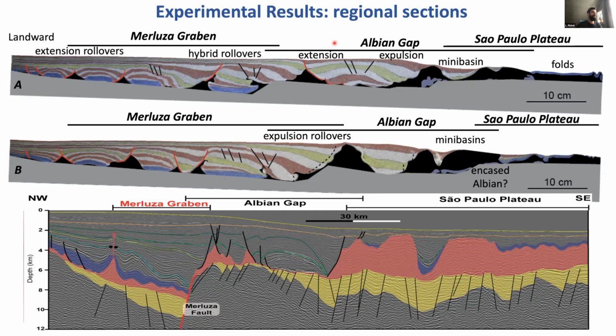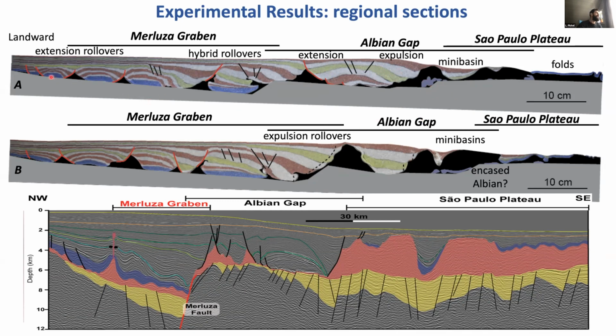We see that the Albion gap has a very similar geometry, which has this turtle structure, which is a hybrid structure because it has a flank that is driven by extension, associated with extension or rollover, and the seaward flank with expulsion rollover, bounded by this diapir, a very large diapir basinwards.